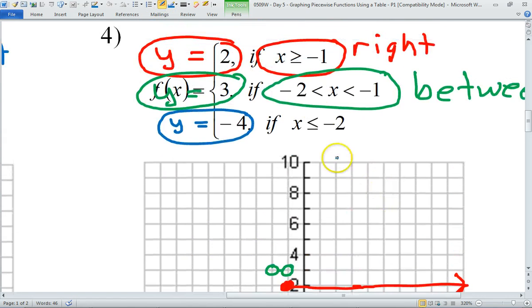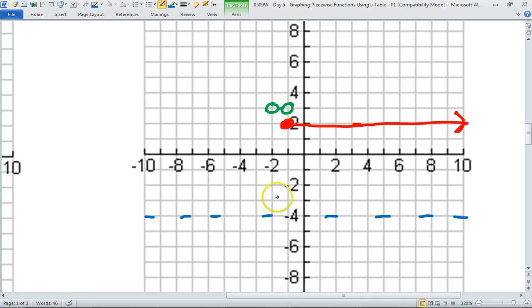But we're going to only draw the part where the x values are less than or equal to -2. And of course, less than tells us to the left. Starting at -2. I'll put a dot right there, and then I will draw the part that goes to the left.